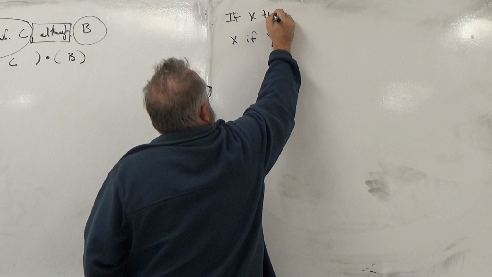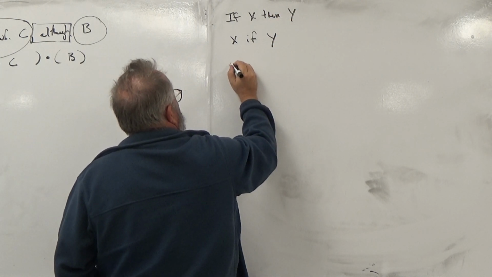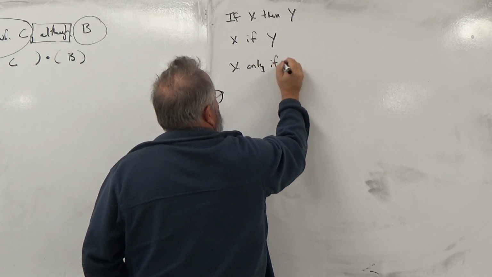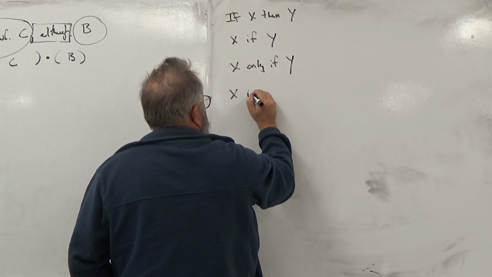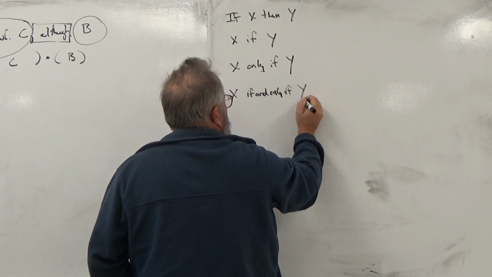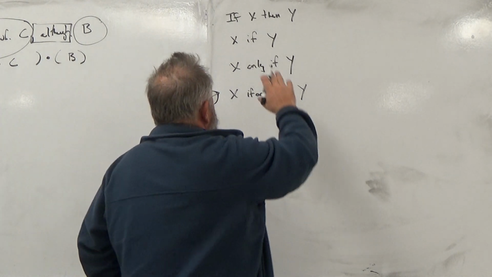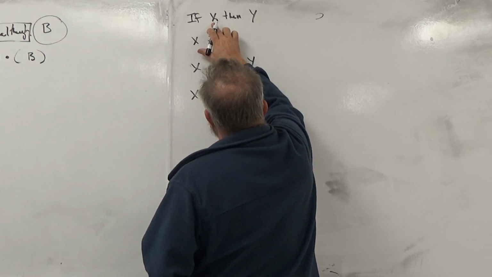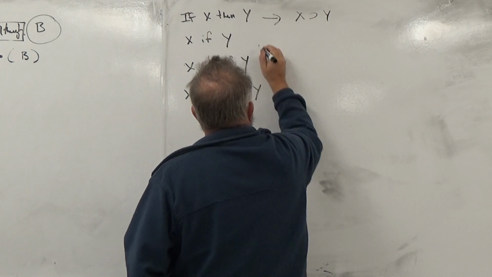If X, then Y. If X, then Y. X if Y. X only if Y, and X if and only if Y. Okay, it's important for you to understand the difference between these. If X then Y is a conditional; whatever follows if is the antecedent. So it's X then Y. So that's how we do that.